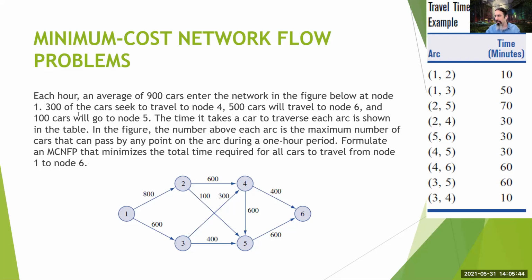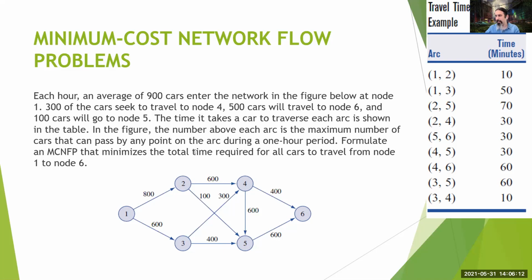There are 300 cars going out of the network at point 4, because 300 cars are trying to get to point 4. So whatever number of cars I send here, 300 of them will disappear at this point, and the rest will go out. So x24 plus x34 will be equal to 300 plus x46 plus x45.